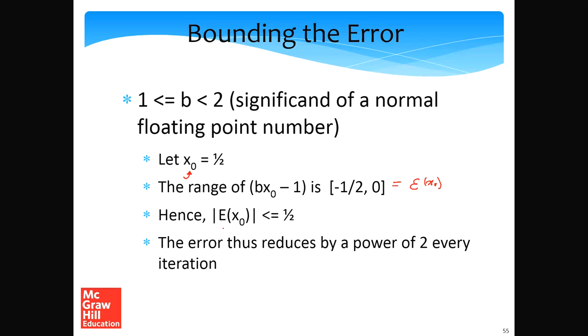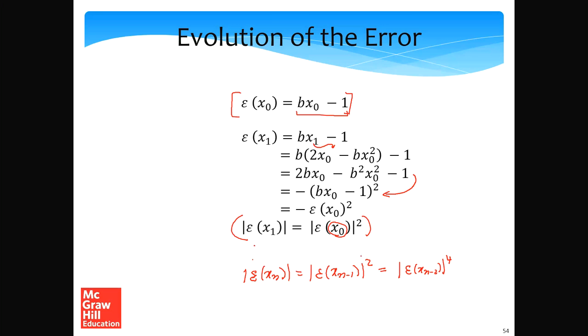Since the error at any point is less than or equal to half, and we reduce the error by a power of 2 in every iteration, ultimately the error will approach 0. Because if we come back to this equation, then initially if the error is half, then at this point the error will be 1/4, and this will become 1/8, and it will keep going down and down till it ultimately reaches 0.